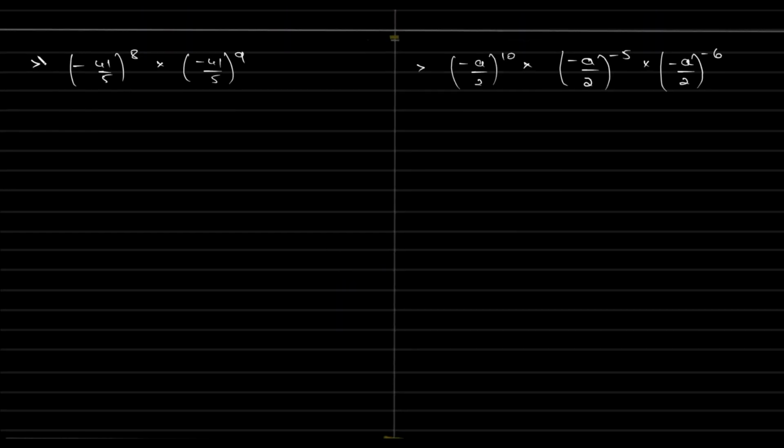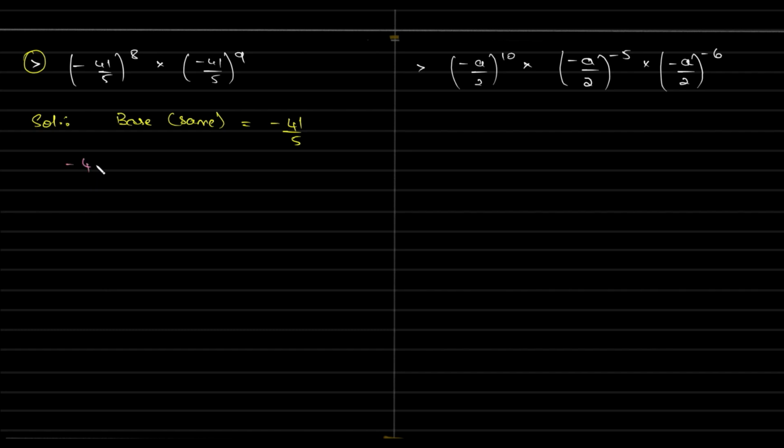Now with negative numbers, but you can see both are negative, so base is same and it's equal to -41 by 5.